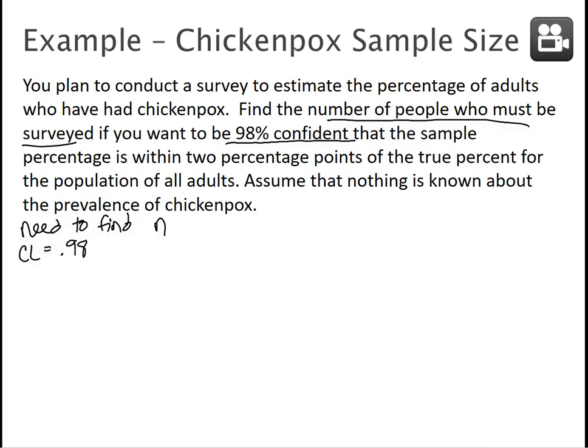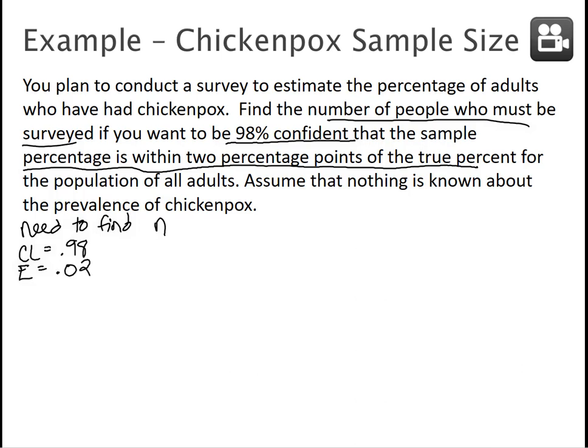And I'm also told that I want the percentage to be within 2 percentage points of the true percent. And we talked in the last video how that wording within a certain percentage point indicates that that is going to be my E. So since it wants 2 percentage points, my E is going to be 0.02.